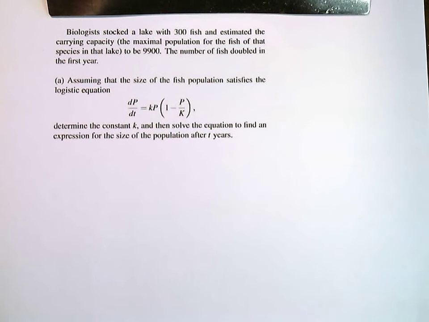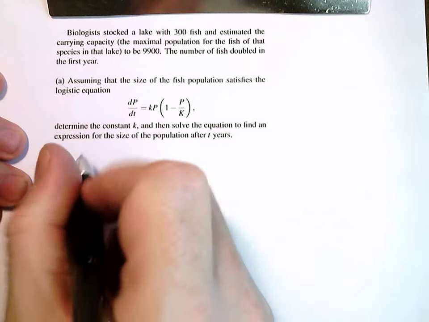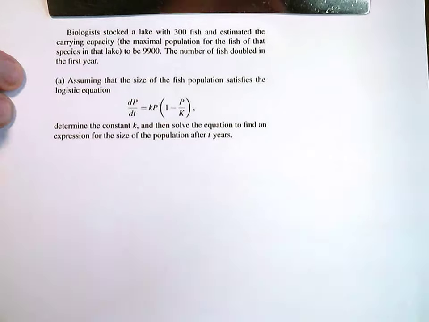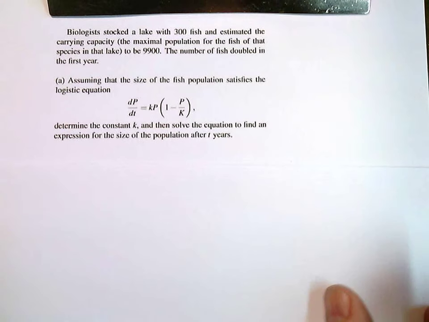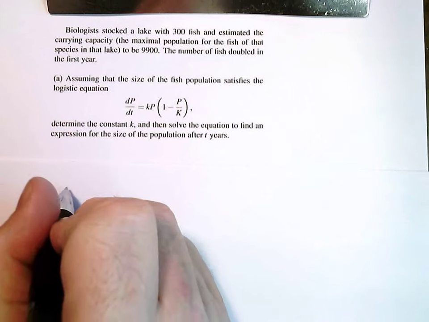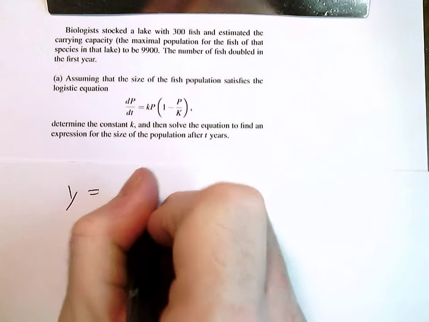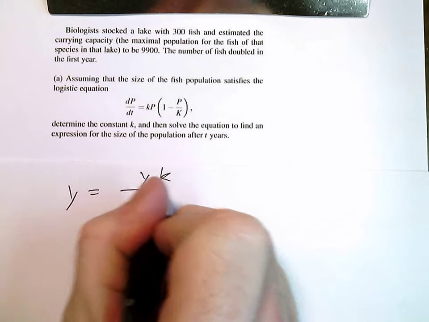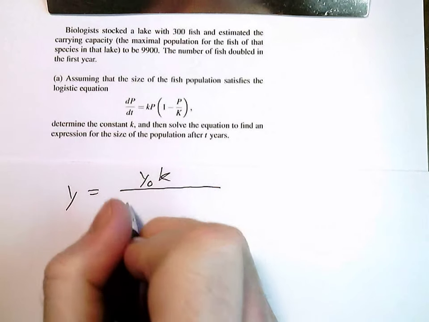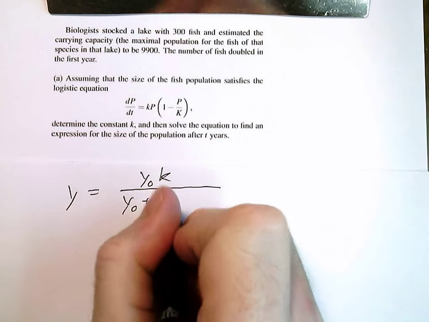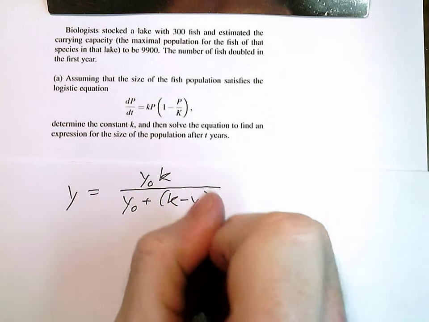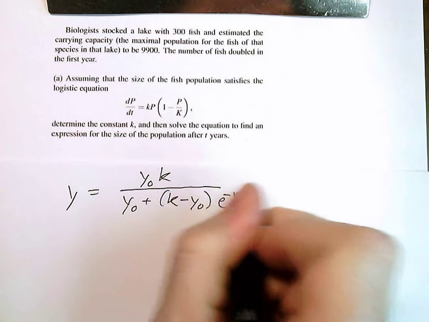But basically, I know what the solution looks like. So I have, from the text here, y equals y naught capital K over y naught plus capital K minus y naught e to the minus RT.